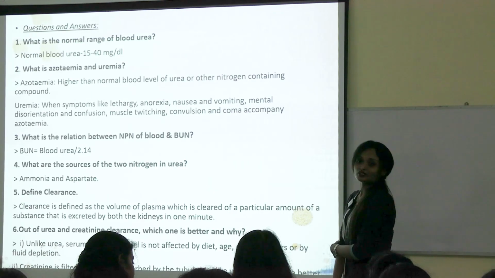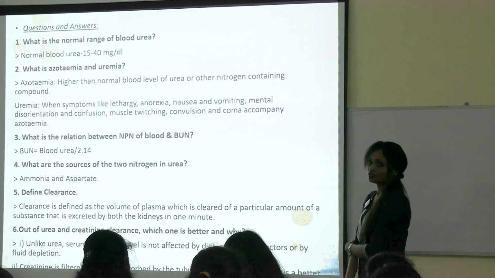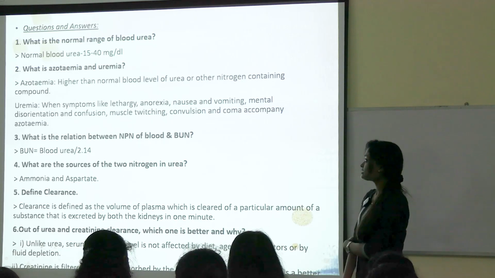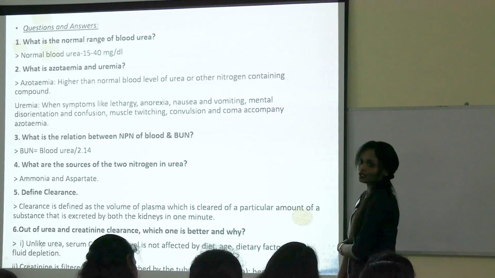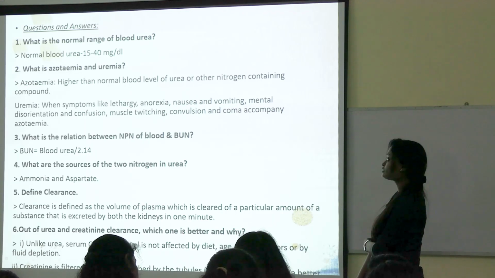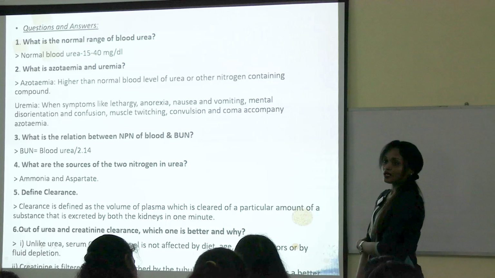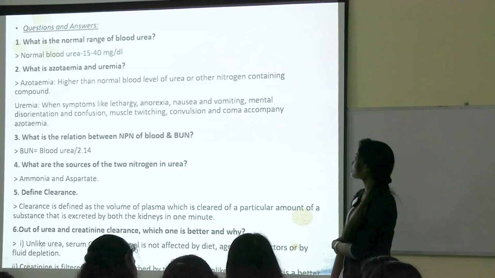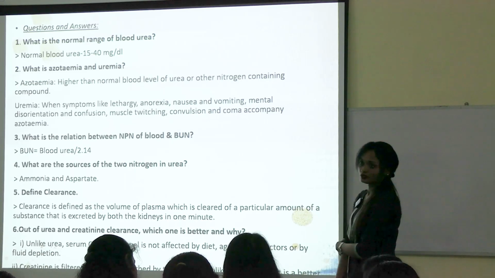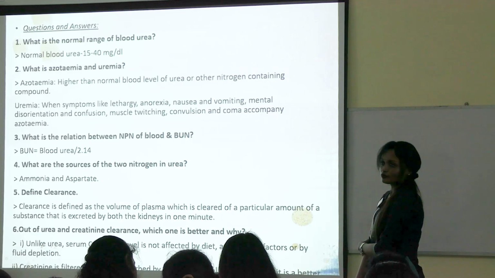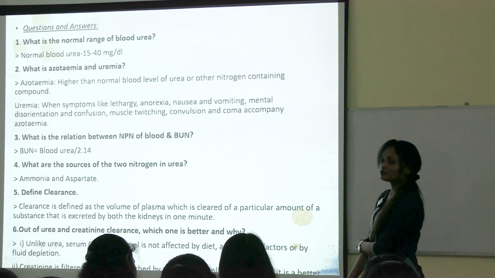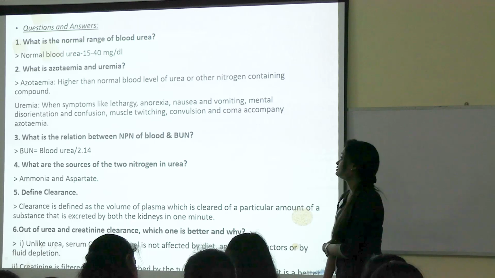What is the normal range of blood urea? Then what is azotemia and uremia? Azotemia is higher than normal blood level of urea or other nitrogen containing compounds. So when we say raised urea, this is azotemia.